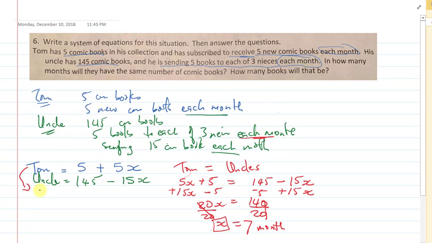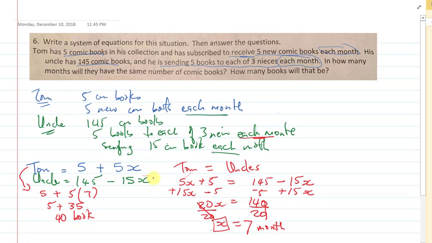Using Tom's equation, we have 5 plus 5 times 7 months, which is 5 plus 35, and that would be 40 books.